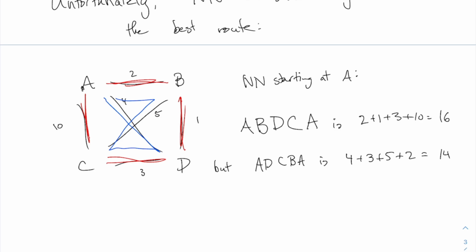So the moral of the story is the nearest neighbor method does not always give you the best result. Sometimes if you make the best choice every time, that's still not the best route overall. So in this example, the nearest neighbor did not choose the best route.